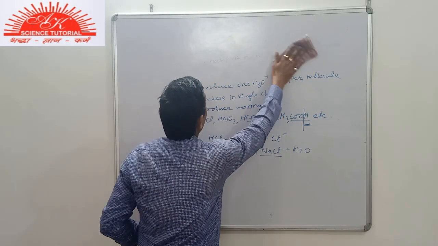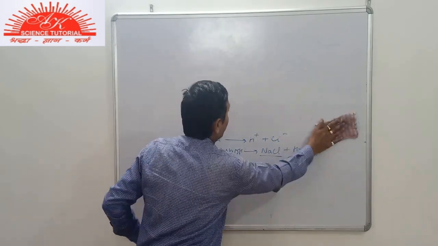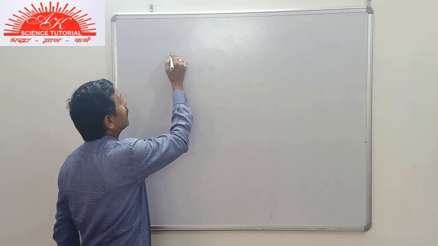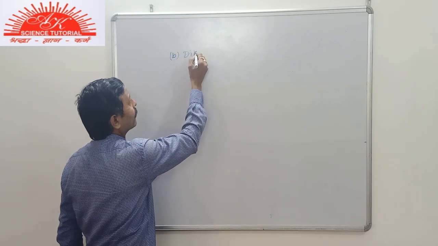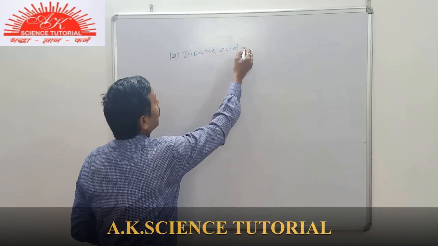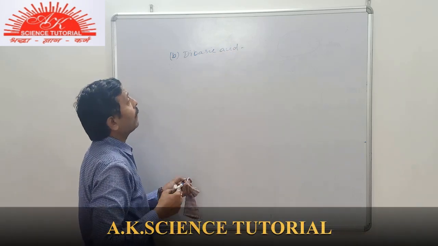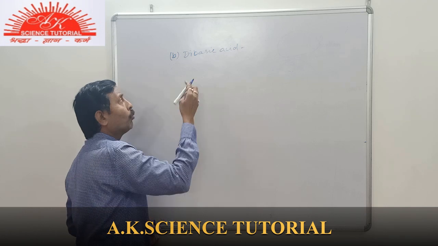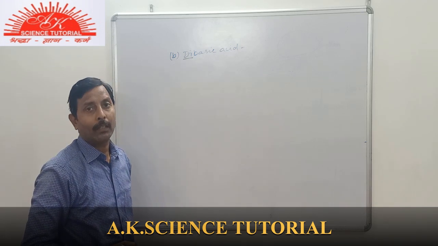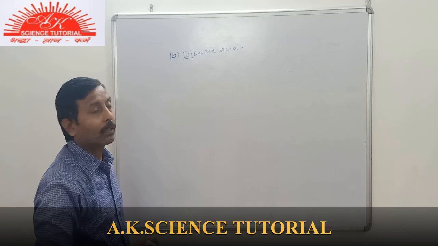Accordingly, there is dibasic acid. As the name suggests, one molecule will produce 2 hydronium ions in aqueous solution.